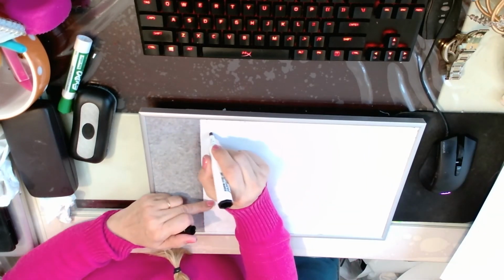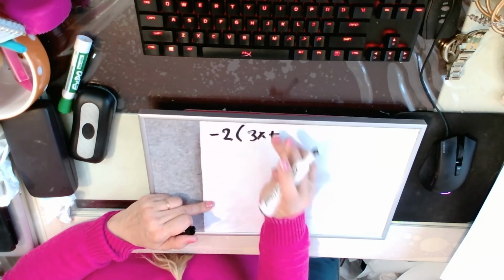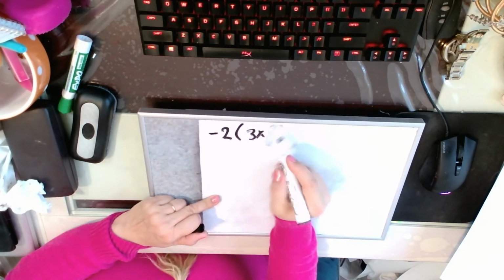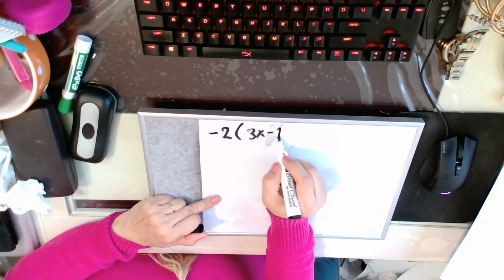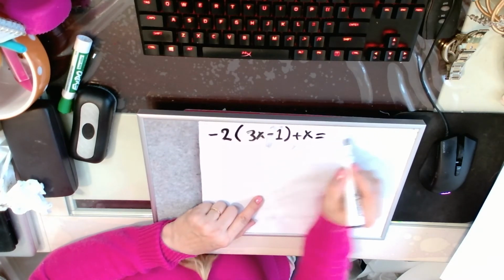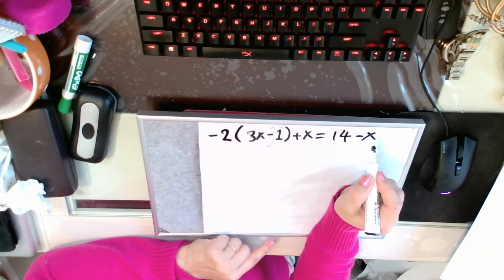So for x minus 2, 3x plus, no, minus 1, minus 1 plus x equals 14 minus x.